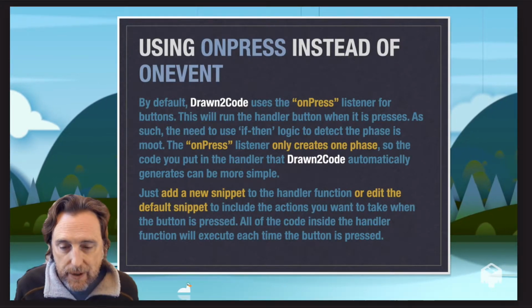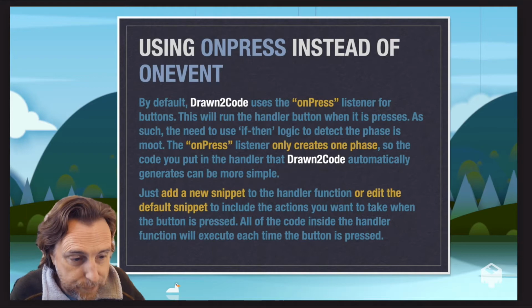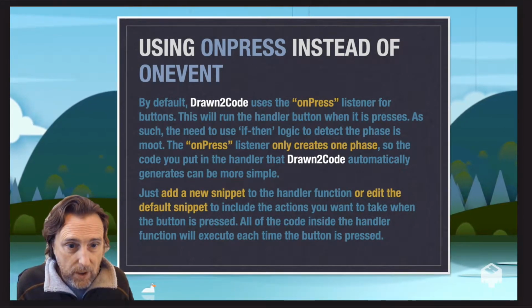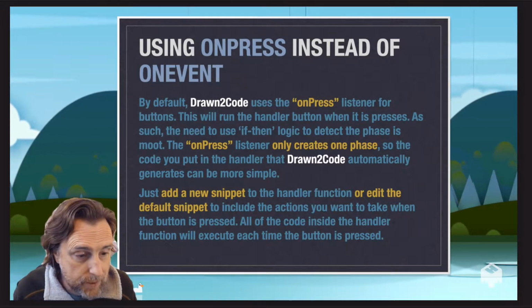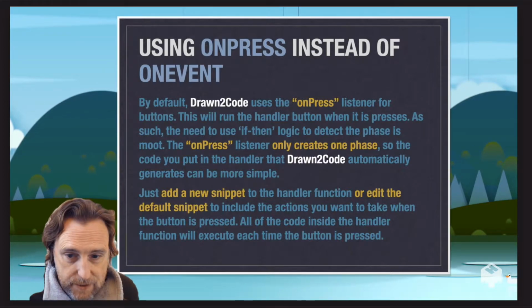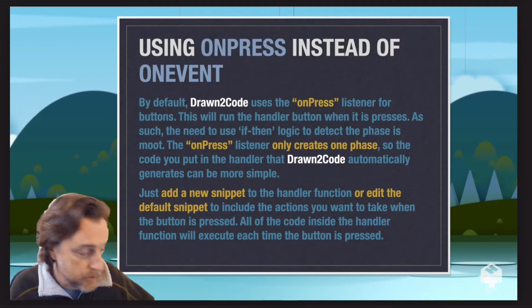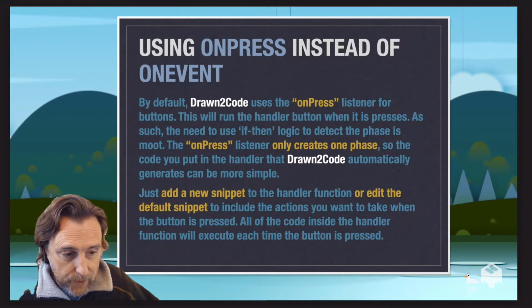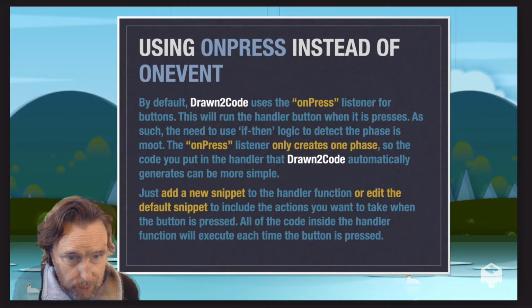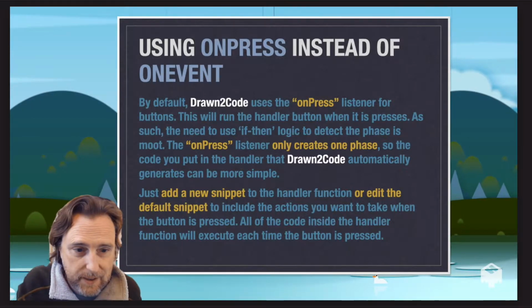It does not matter if the user accidentally or purposefully slides their finger on the button, or when they release the button, because you're not listening to those extra phases. So Drawn to Code uses on press by default because it gets around the need to worry about and control for potentially 3 different phases.